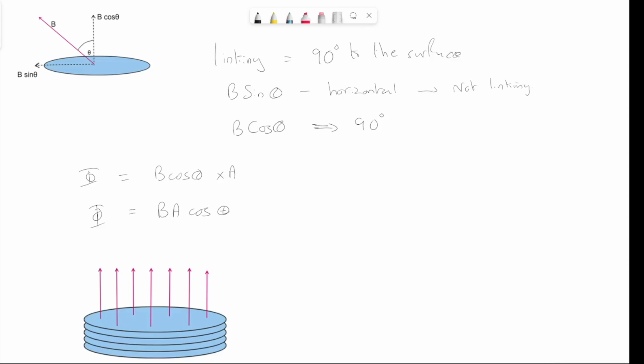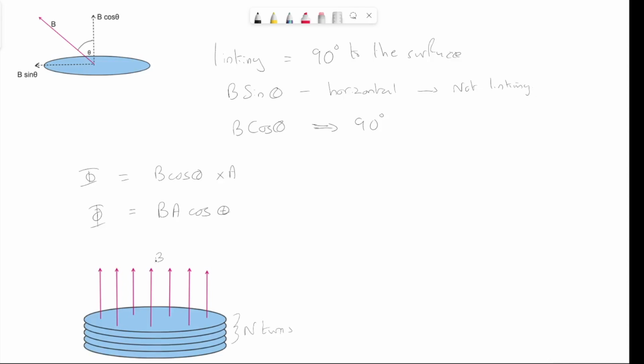Let's now consider the case where the lines of flux are going through multiple surfaces. An example of that could be that the lines of flux are going through a coil with N turns.